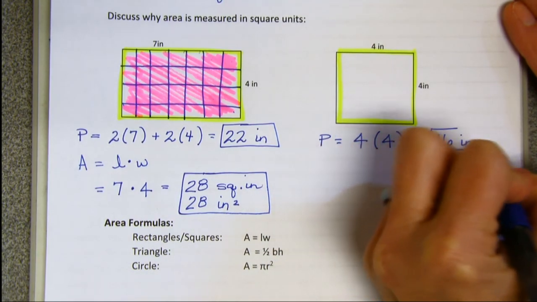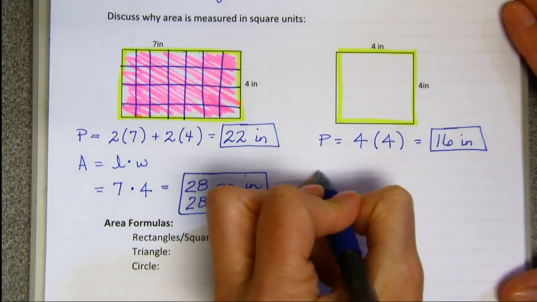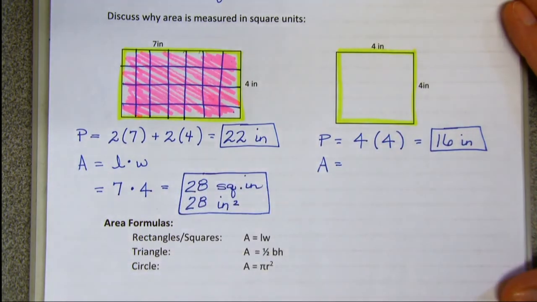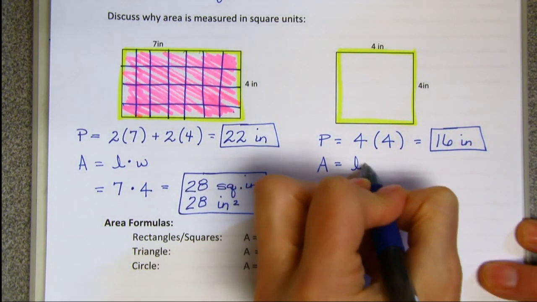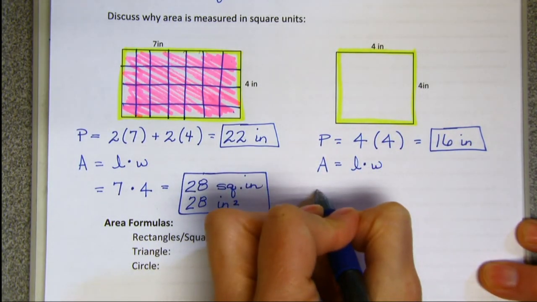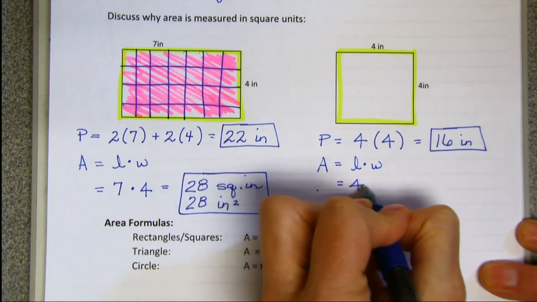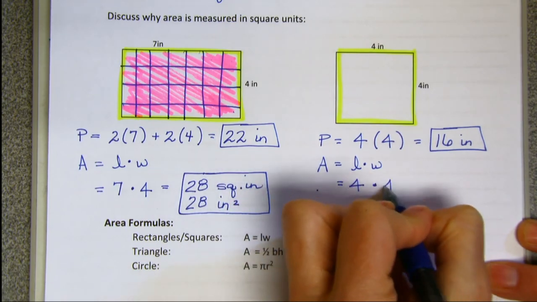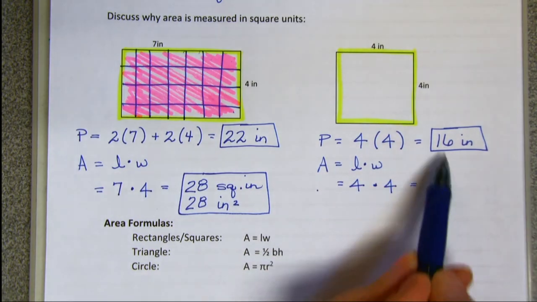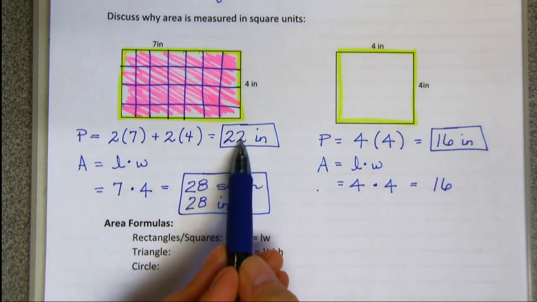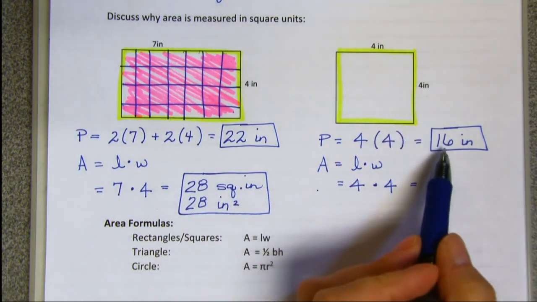That's the distance around. Now I'm going to look at the area. The formula for a square is the same thing as a rectangle, length times width. My length is 4 inches times my width is 4 inches. I get 16 also. You won't always get the same. Notice over here, 22, 28. It happened in this one.